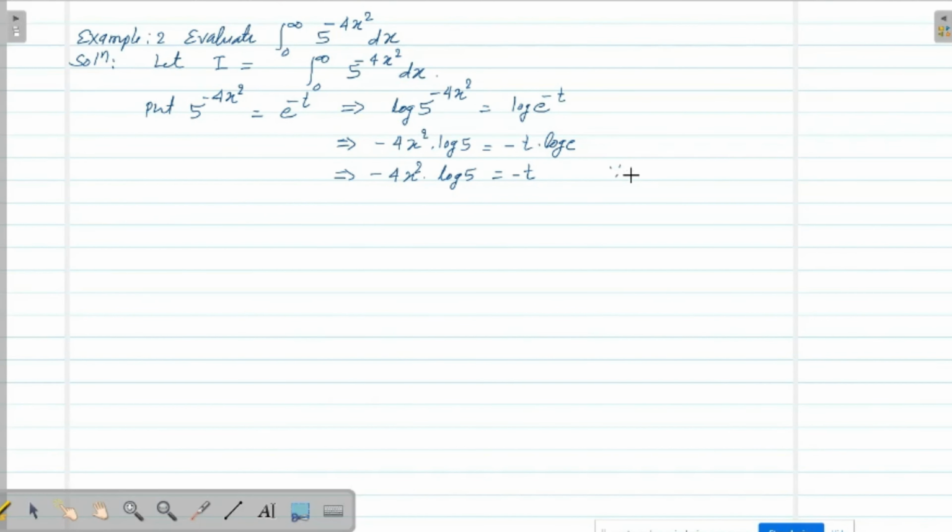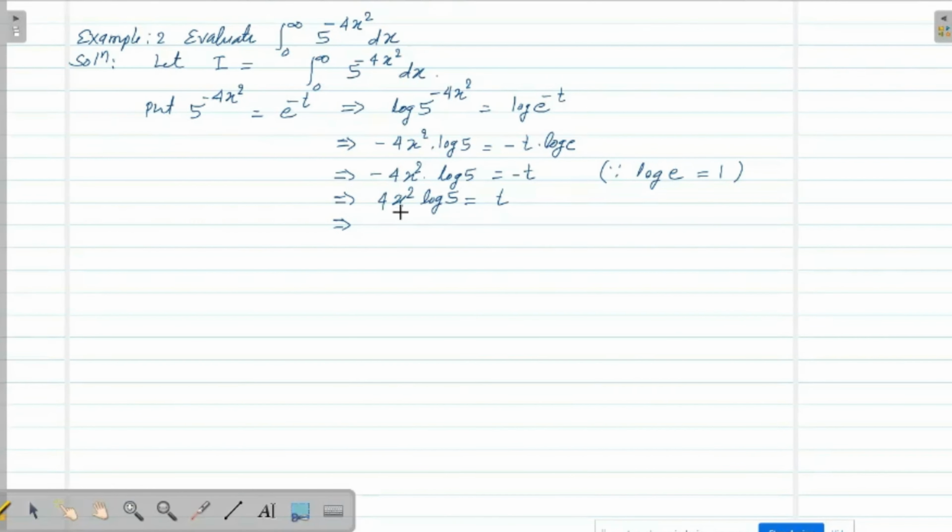Since log e is equal to 1, for the sake of convenience, negative and negative both will be positive. So we will have 4 into x square log 5 equal to t. Now, let us simplify more.